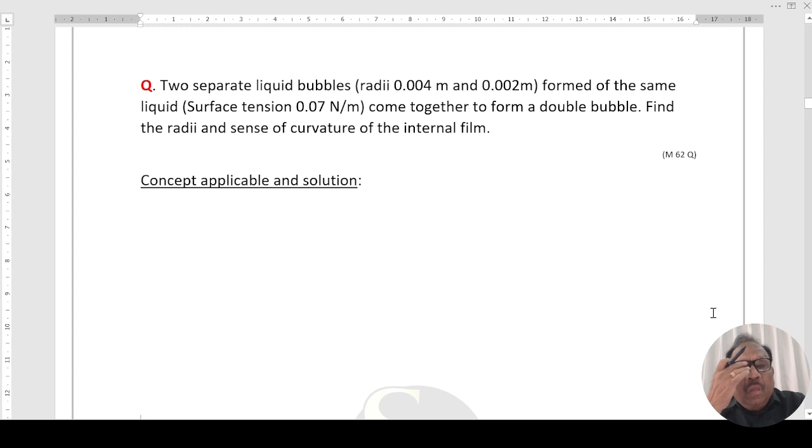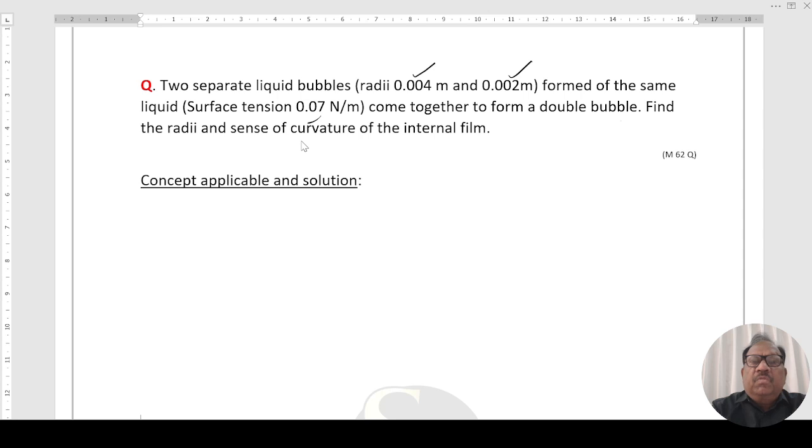The question is, two separate liquid bubbles of radii 0.04 meter and 0.002 meter, formed of the same liquid with surface tension 0.07 Newton per meter, come together to form a double bubble.